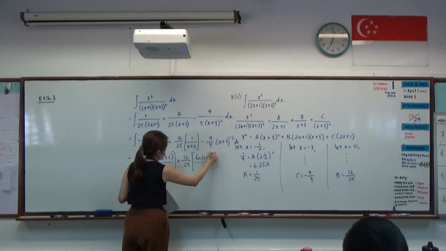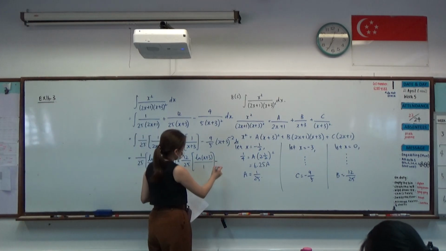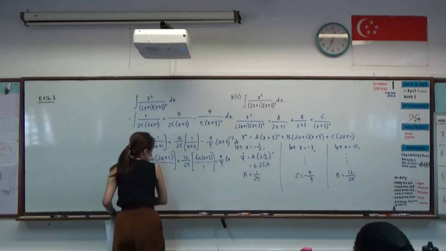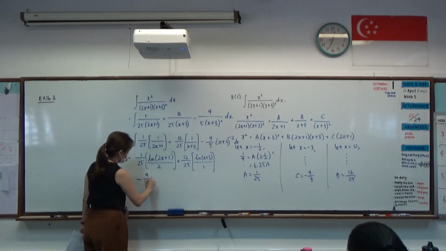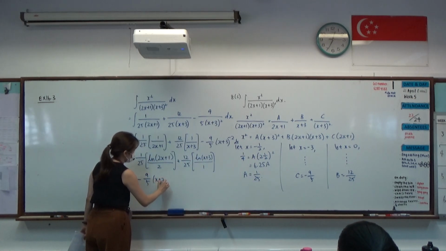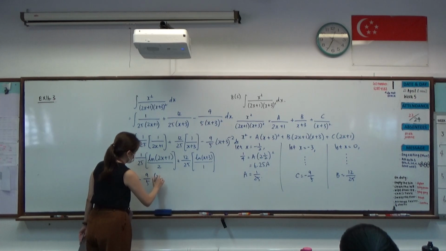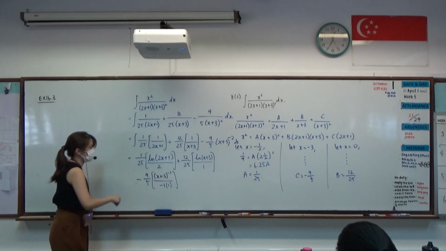Strictly speaking, it's over 1 because your coefficient of x is 1. Minus 9 over 5, x plus 3 to the power negative 1 over the power negative 1 and the coefficient of x.